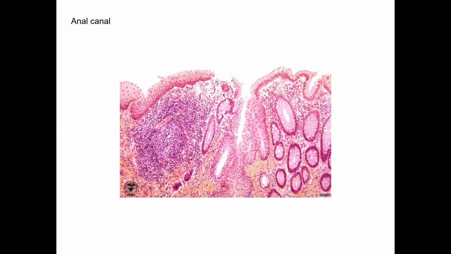For defecation here, most of the water and all of the nutrients have been absorbed, and it's just the waste. It can be dry, it can be rough. So in this part of the tubular structure, you have stratified squamous epithelial lining, the same as in the mouth, because the stuff going through this part can be rough.